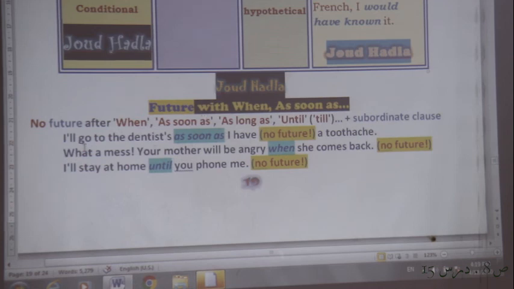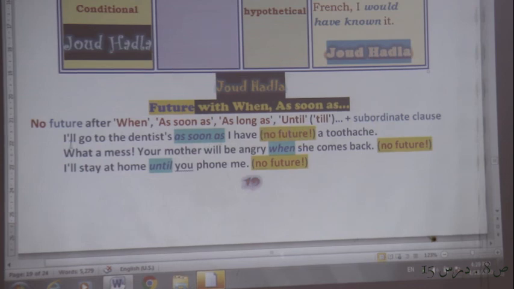Read with me, please. I'll go. The first will, this is the contraction form of will, so it is correct. I'll go to the dentist as soon as I have a toothache. As soon as I have, but not as soon as I will have. So no future after as soon as when we want to refer to the future.